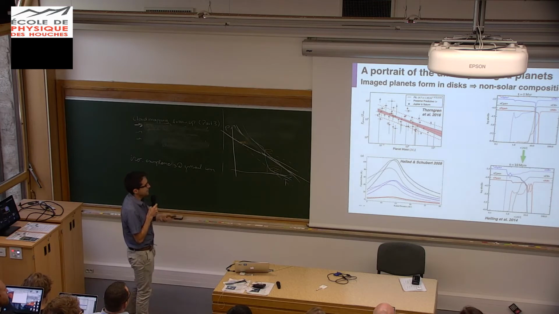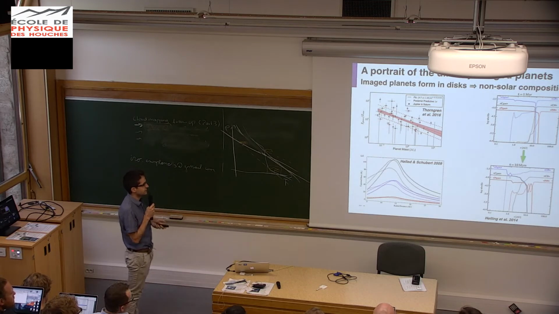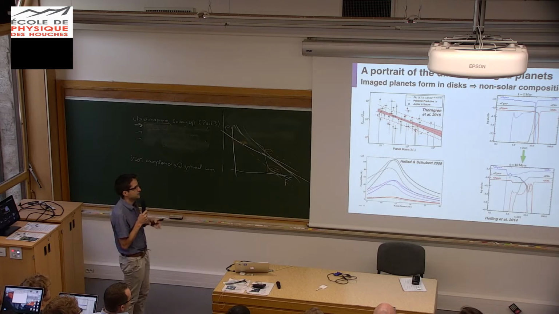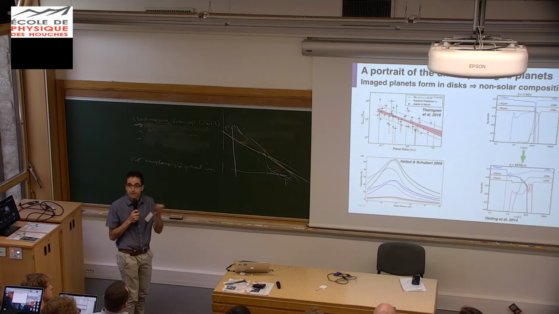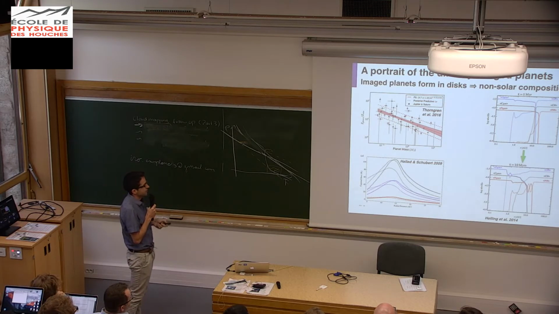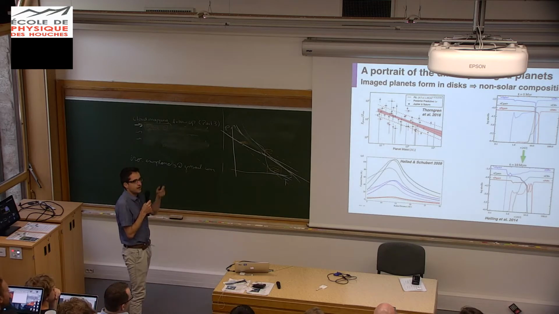And at large separation, as you know, there can be several formation mechanisms, and several groups of theoreticians have predicted what could be the heavy element enrichment, in particular in the context of the solar system, where Jupiter and Saturn have some metal enrichment. And here, these are simulations for the gravitational instability scenario, where the team has produced several predictions for the heavy element enrichment for different disk properties.